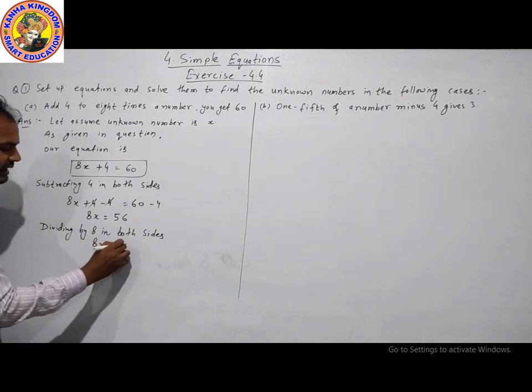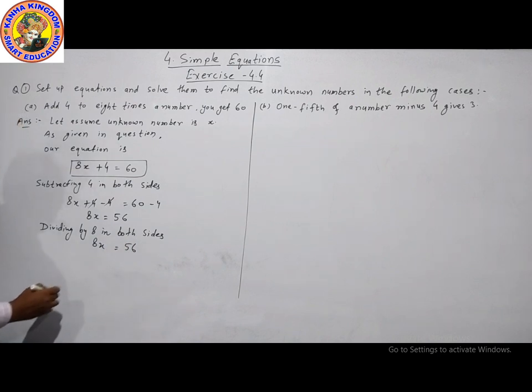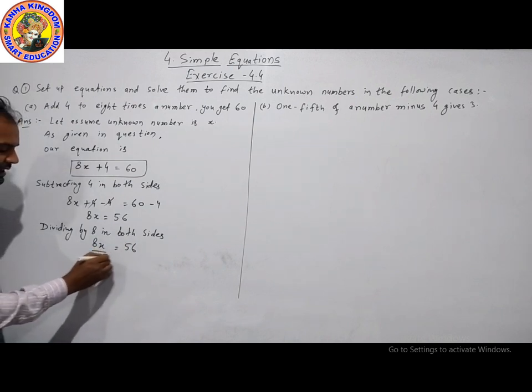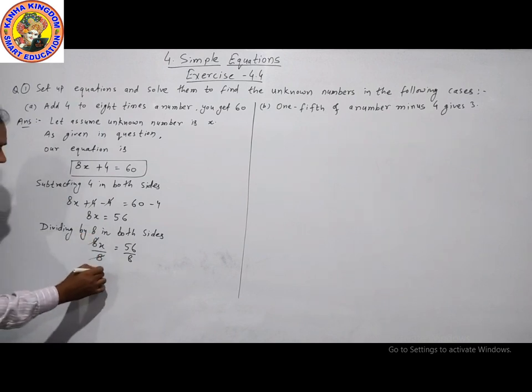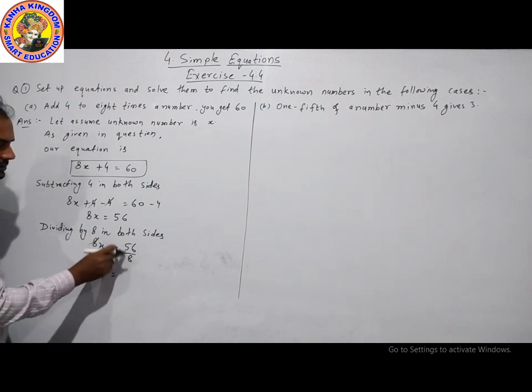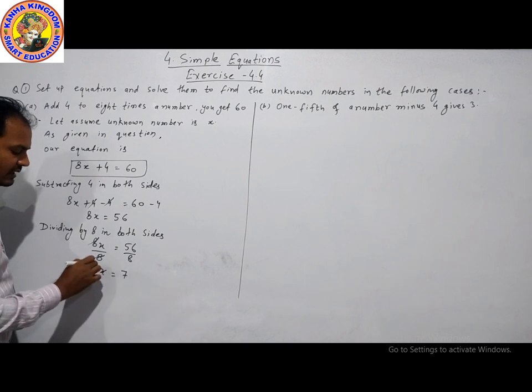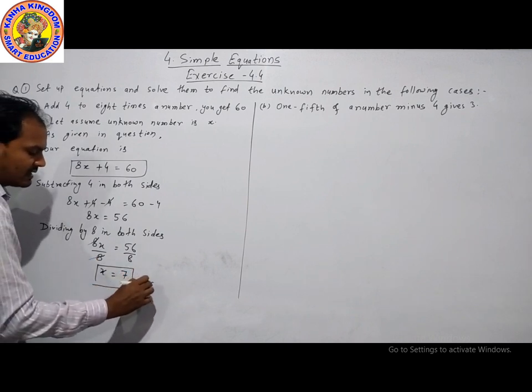The equation is 8x is equal to 56. We will divide by 8. 8 and 8 cancel. So here is x. We can cut 7 times. The answer is x is equal to 7.